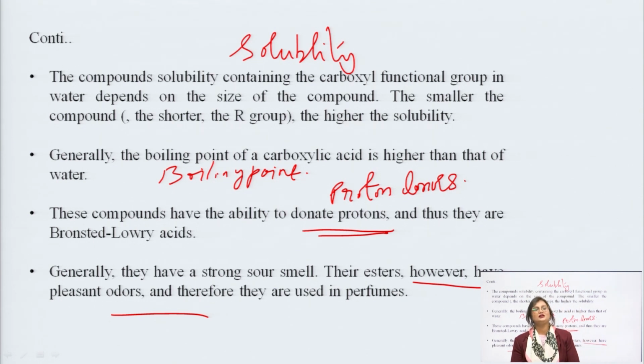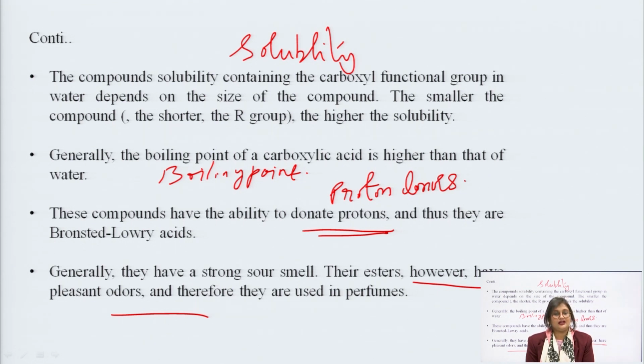Next, while discussing the boiling point, generally the boiling point of carboxylic acid is higher than that of water. So, the boiling points of these acids are higher than water. Apart from this, carboxylic acids are also known as Bronsted-Lowry acids because they have the tendency to donate protons.